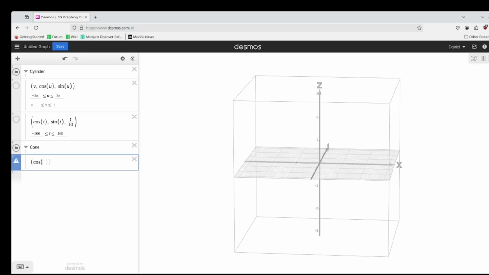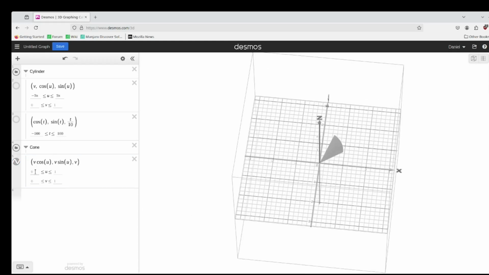That would be u times v times the cosine of u, v times the sine of u, plus the depth. And so for the u, same thing, we want it to span from negative 2 pi to positive 2 pi.